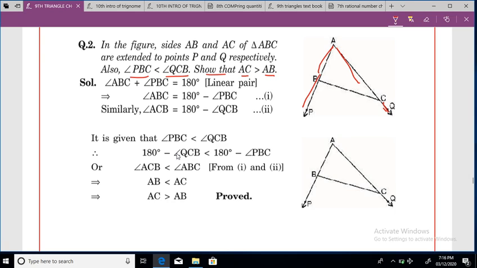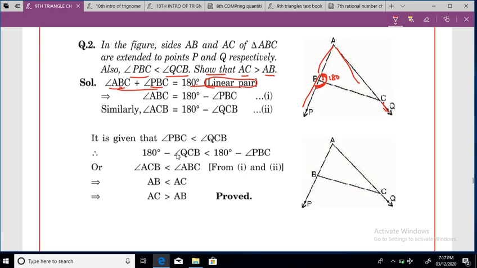We know that ABC and PBC, the sum of these angles is equal to 180 degrees. Why? This is a straight line, so the sum of these two angles is equal to 180 degrees. When you add the two angles, you get 180 degrees, so angle ABC plus angle PBC is equal to 180 degrees because it is a linear pair.